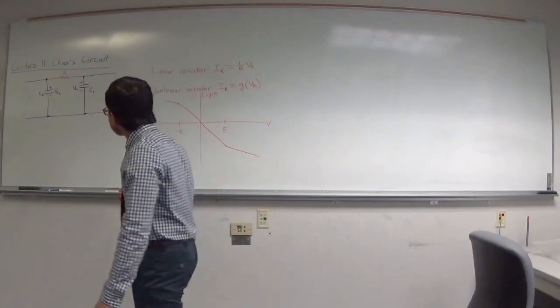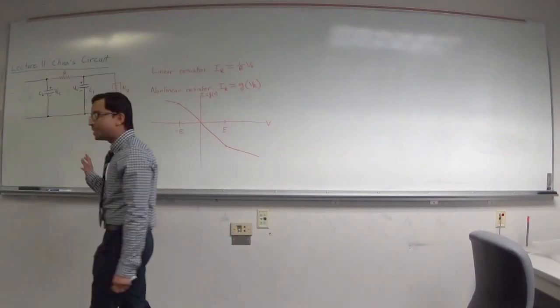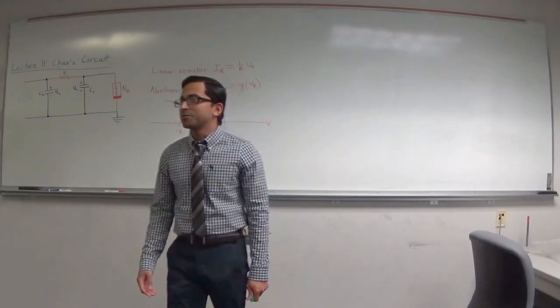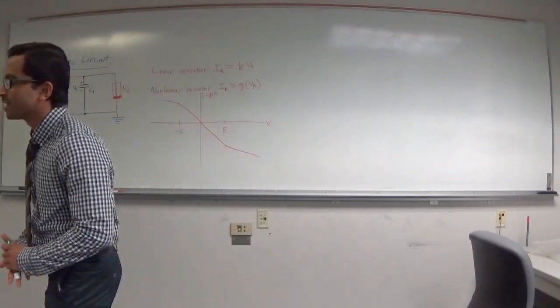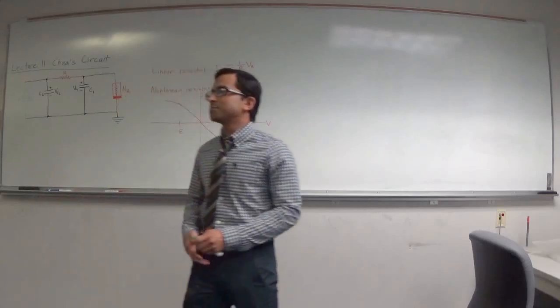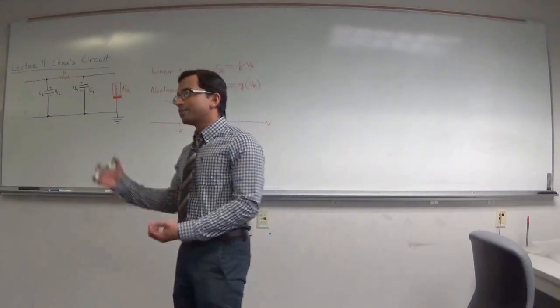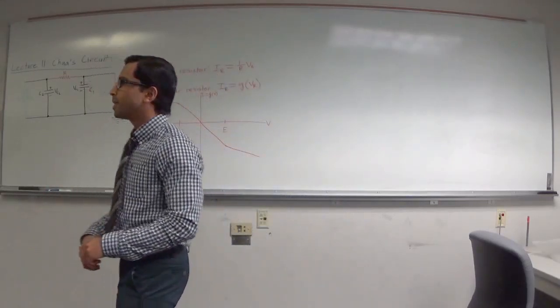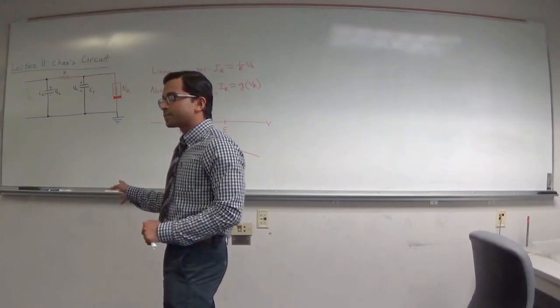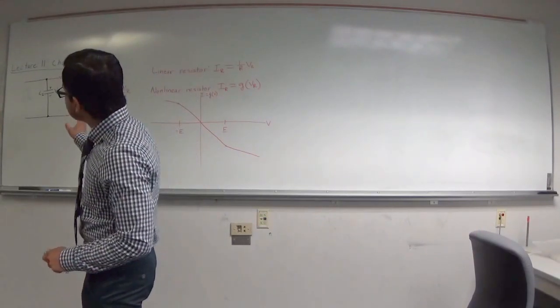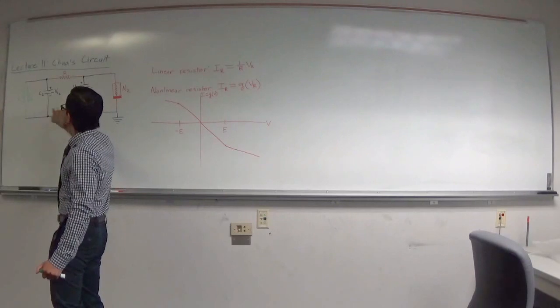But for the sake of analysis, in dynamical systems, what do we want the equations to be? First order. So we want to come up with some first order equations. And whose law are we going to use for circuits?